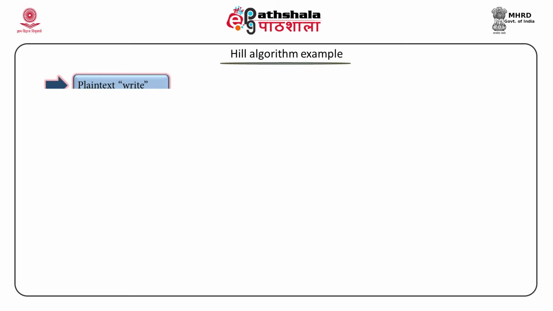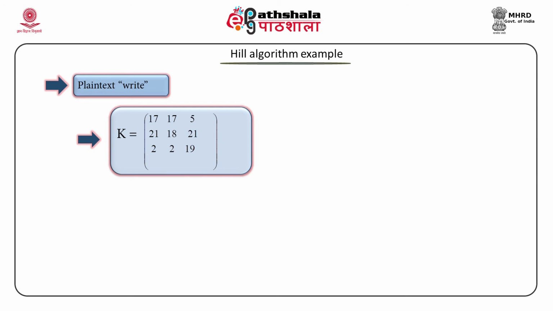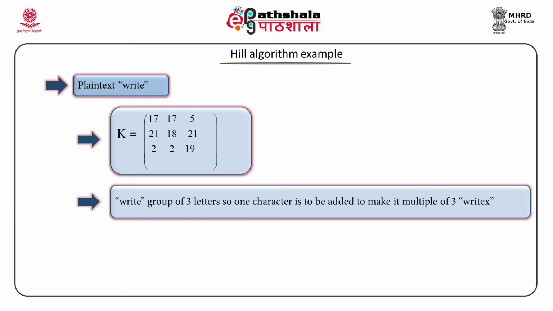Suppose for example, we have plain text called write, W-R-I-T-E, and my key is given, key is shown on the screen. Group 3 letters together because my key is a 3 by 3 matrix. So, one character is to be added because write contains only W-R-I-T-E, 5 characters, and we need 6 characters to deal with. So, we would add any character, this time again X. The reason is X is used few times in English language.